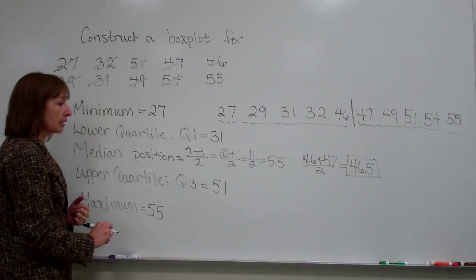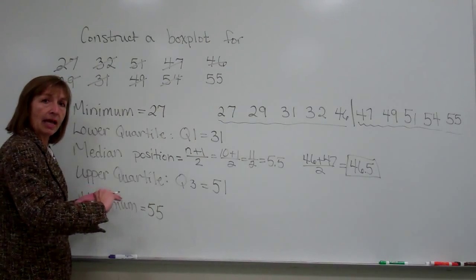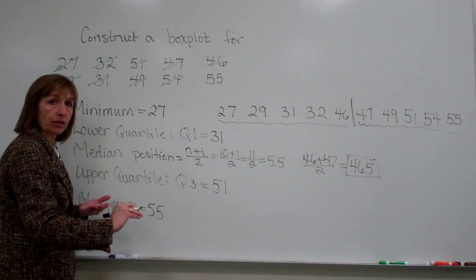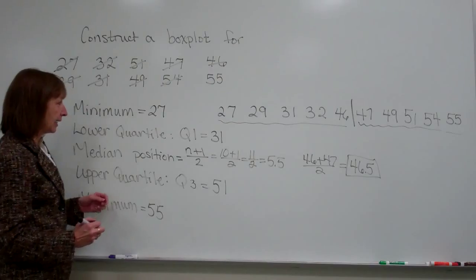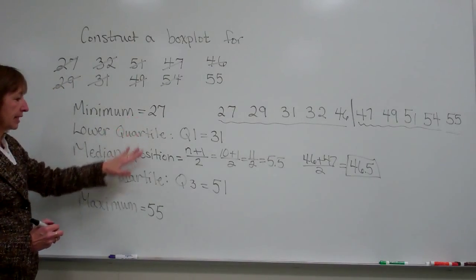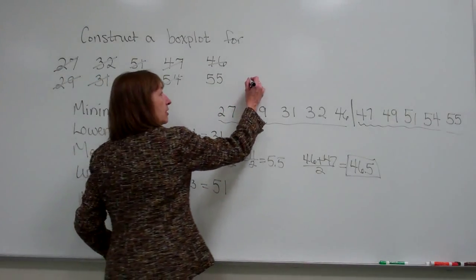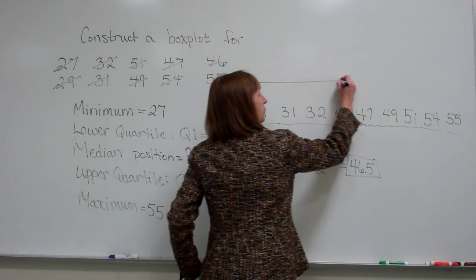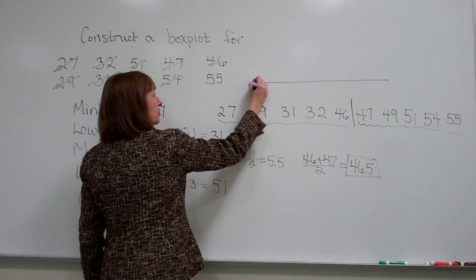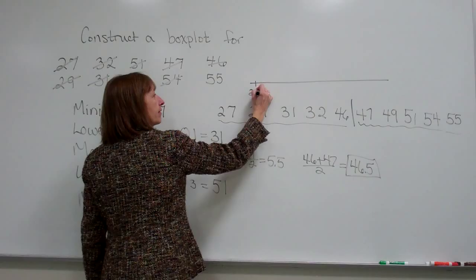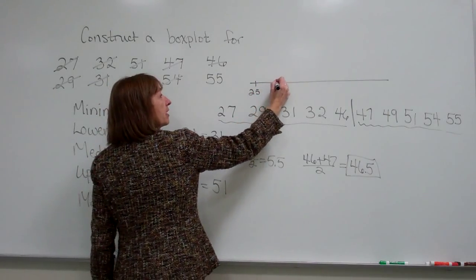To draw the box plot, you want to have a number line that's uniformly marked underneath your box plot. I need to go from a value of 27 to 55. So let's make our number line, and we'll start at 25 and increment by 5.